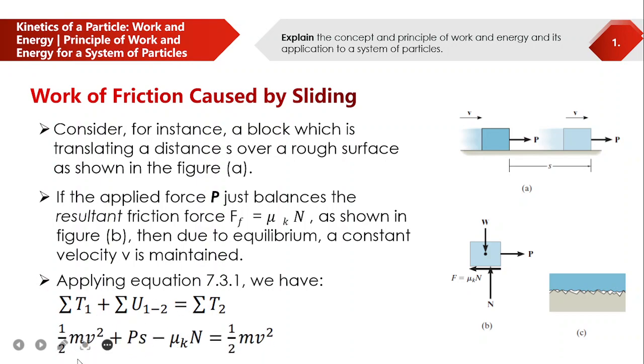7.3.1. Therefore, magiging siya, 1/2 mv squared plus P times s minus mu k. Kasi nga, ito yung mga work done mo, di ba? May pulling force, meron kang mu k. Take note, ito lang yung mu k, yung horizontal na natin.